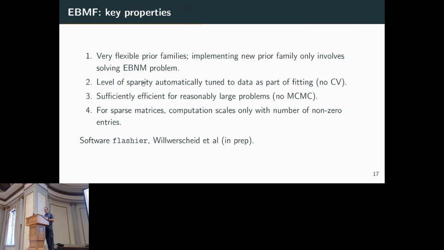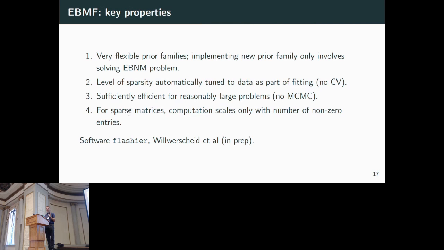So I feel like this matrix factorization setting, where you really do want potentially different sparsity levels for different factors, is a place where the empirical Bayes approach, which automatically tunes things by solving an optimization problem rather than by cross-validation, has an advantage over penalty-based approaches. It's a variational approximation, and so it typically tends to be quicker than Markov chain Monte Carlo. You can solve pretty large problems easily.